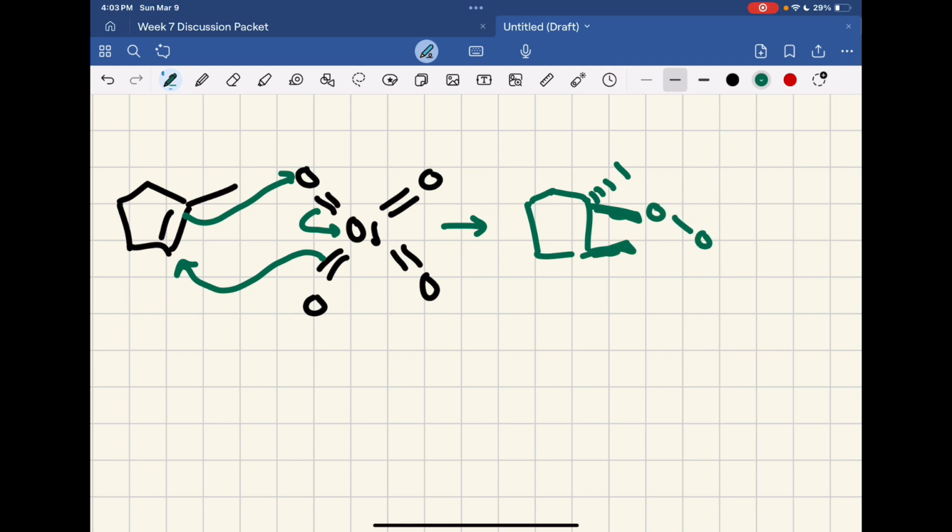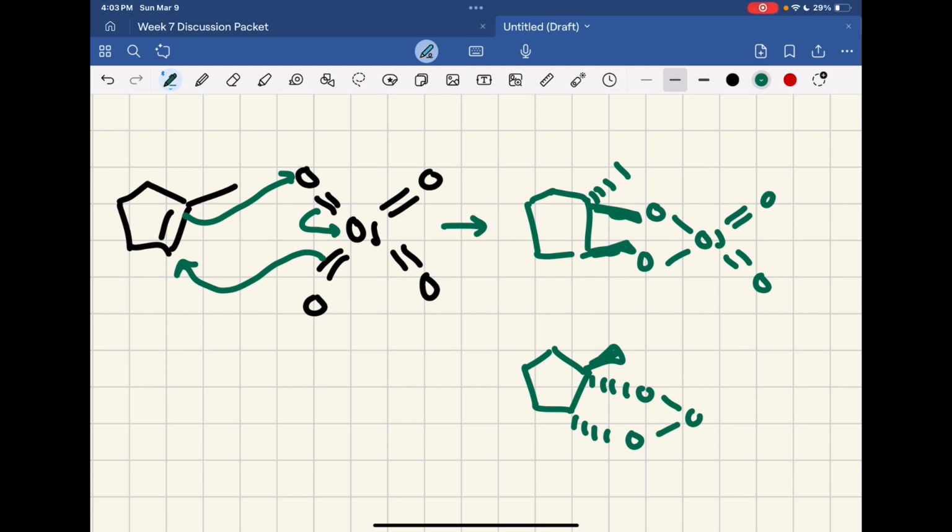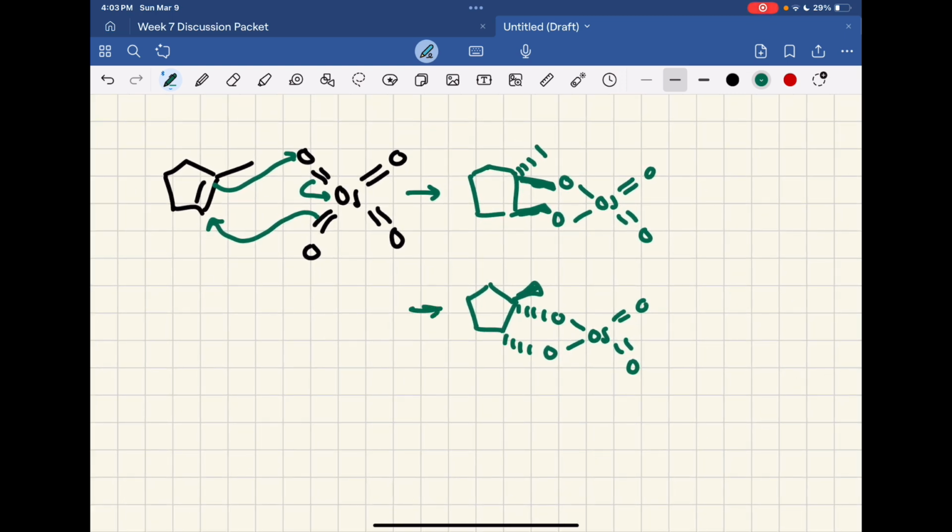So oxygen, osmium, oxygen, osmium. So you should be able to get to that intermediate. And likewise, if the osmium approached from the back face, that methyl would have been on a wedge. And you have these two intermediates. The water and the hydrogen peroxide is just, you can imagine, hydrolysis of this really strained bond.